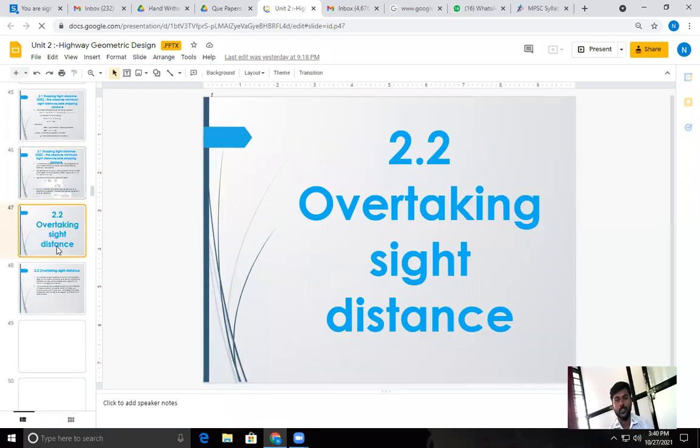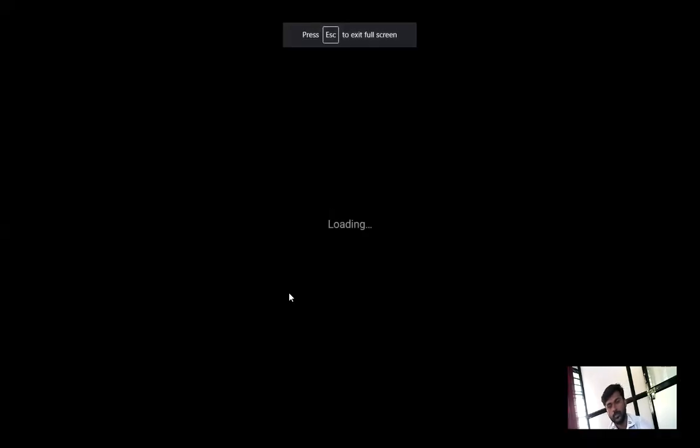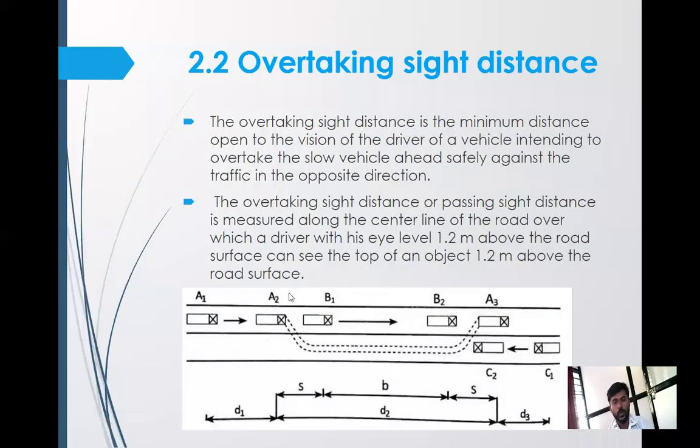Write a heading as overtaking sight distance. And everyone please draw this figure for OSD, overtaking sight distance.